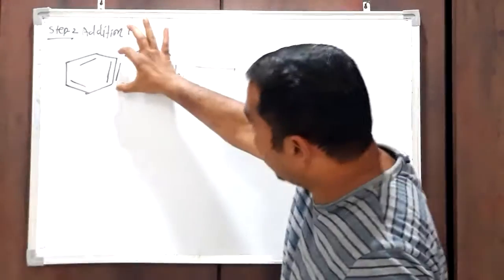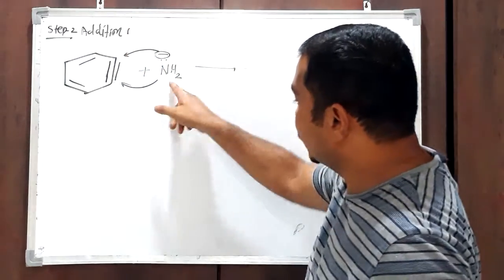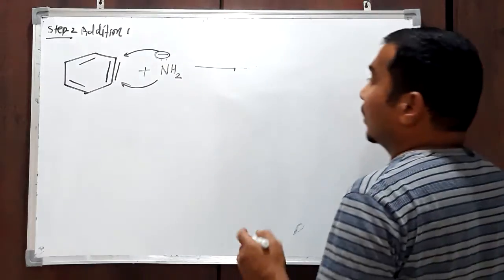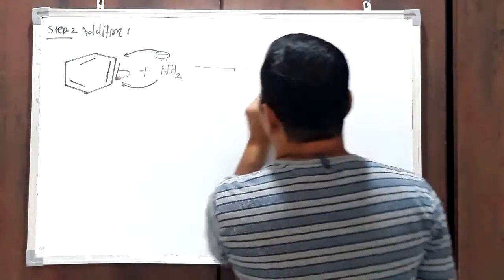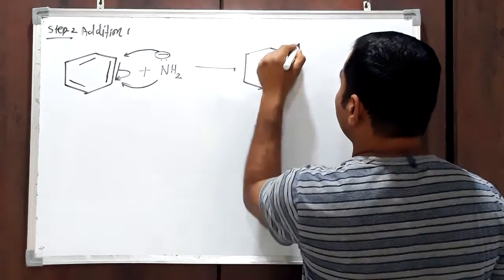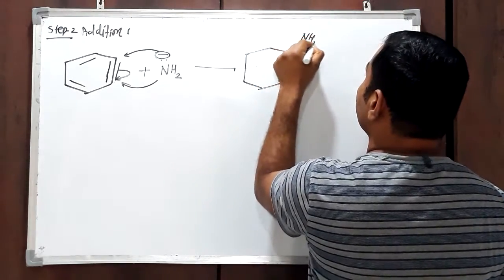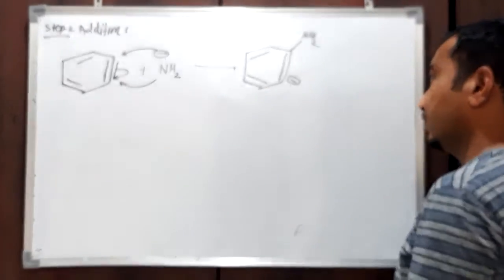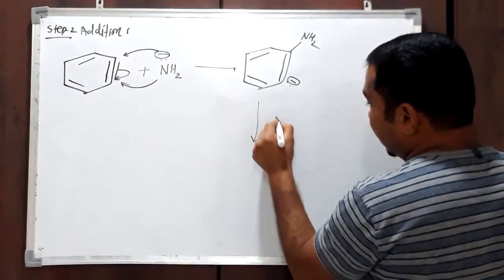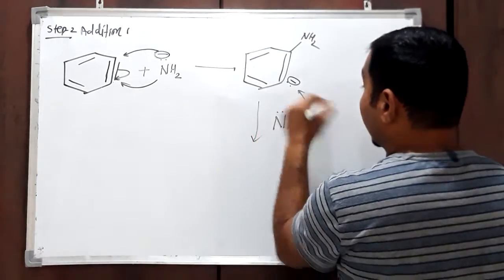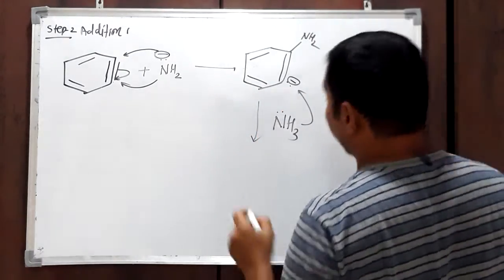Both carbon atoms are the same, therefore this NH2 minus nucleophile will attack one of the carbon atoms and produce a negative ion. Then this negative ion abstracts a proton from ammonia.